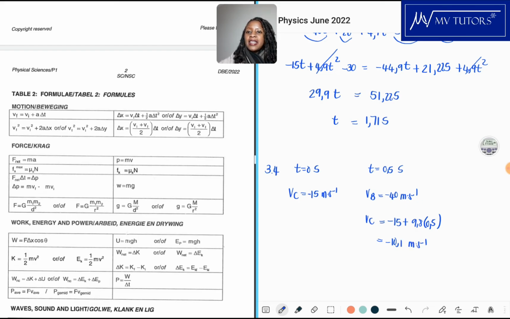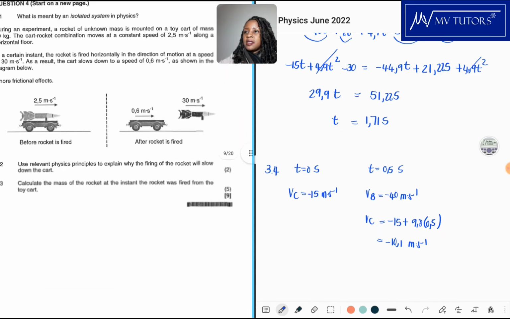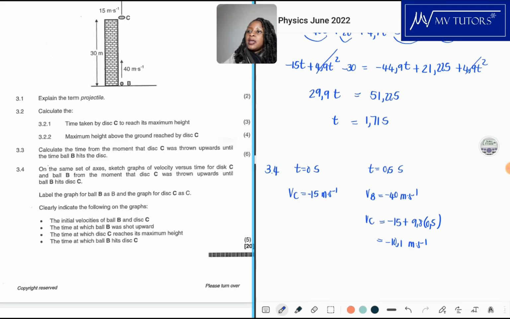What else do they want shown in this graph? We have the initial velocities for ball B and disc C, and the time at which ball B was shot upwards, 0.5 seconds. The time at which disc C reaches its maximum height we calculated as 1.53 seconds, and the velocity there for C is 0 because it has reached its maximum height.